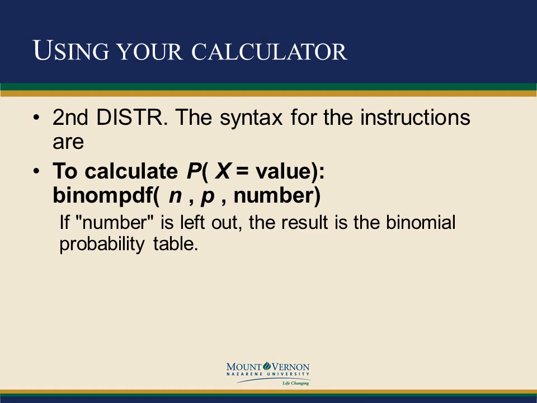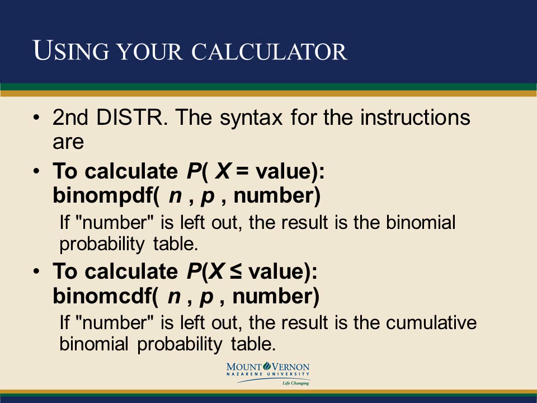One of them is binomPDF, and that will actually calculate the probability from the formula on the previous slide. The other one is binomCDF. That is the cumulative distribution function for the binomial random variable. In this case, you would be calculating the cumulative probabilities for a range of values, specifically the range of values that are less than or equal to whatever number you're interested in. We'll go over that in a separate presentation.